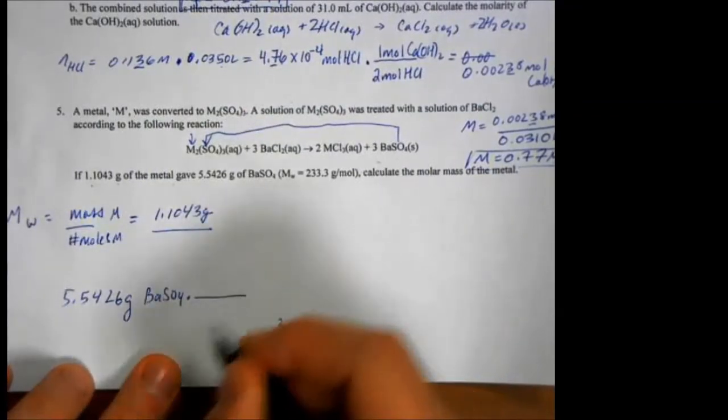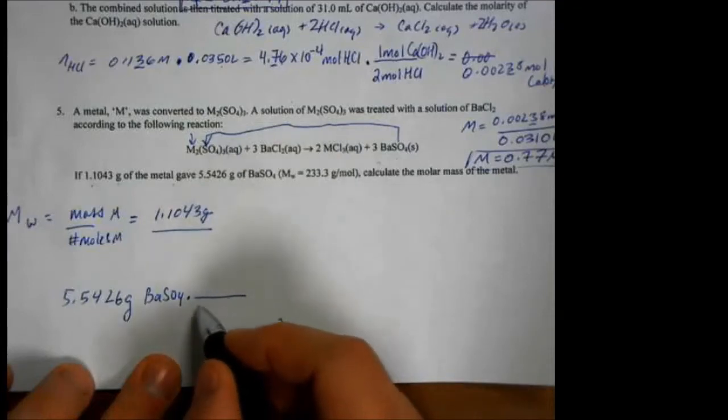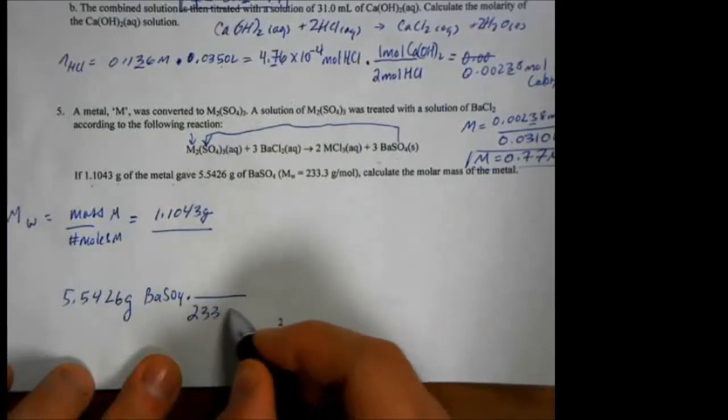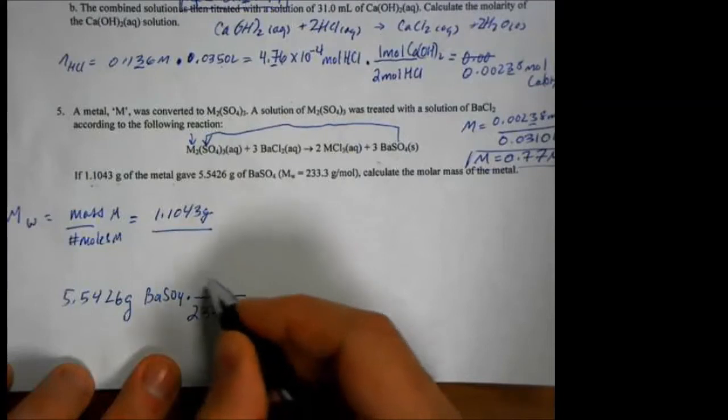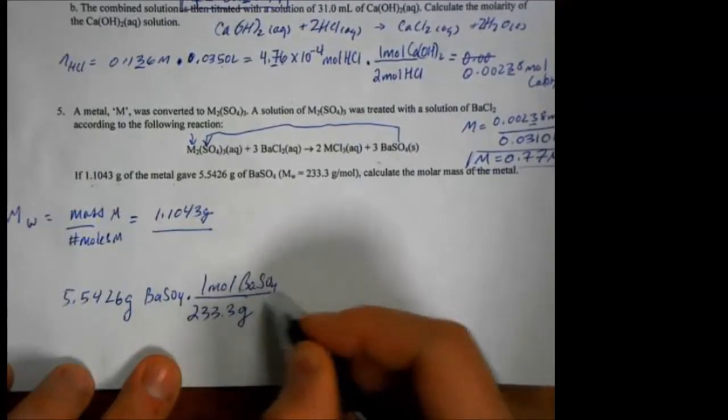The first thing we have to do is get this into moles, because we need to be able to do some stoichiometric relationships. So we're going to divide this by the molecular weight, which is 233.3 grams for every 1 mole of barium sulfate.